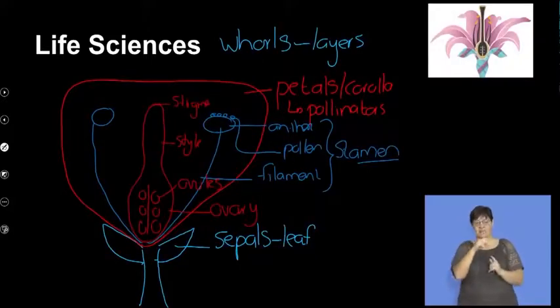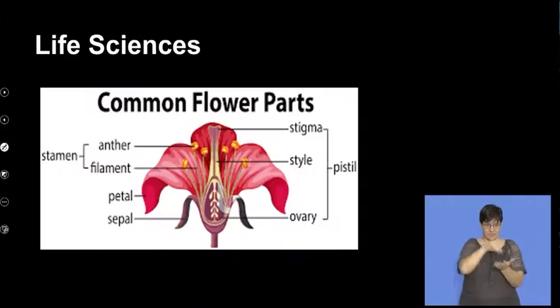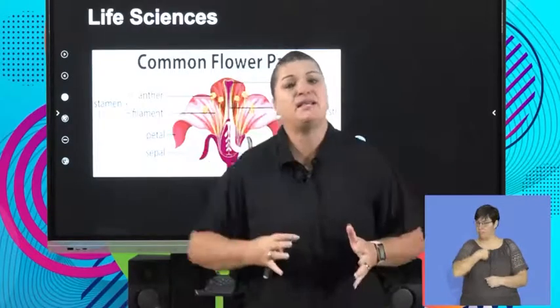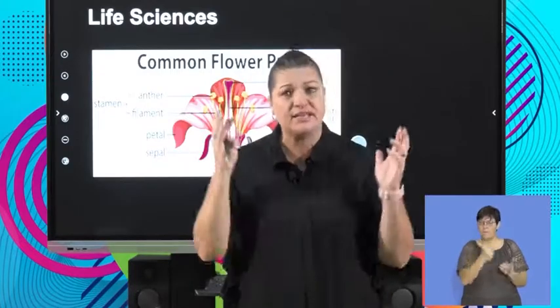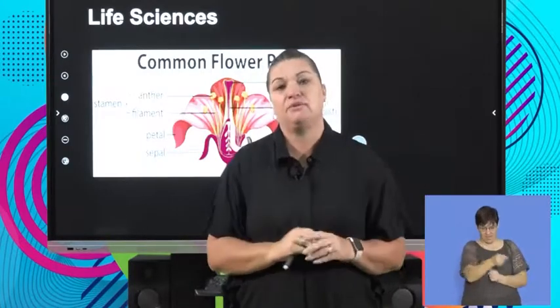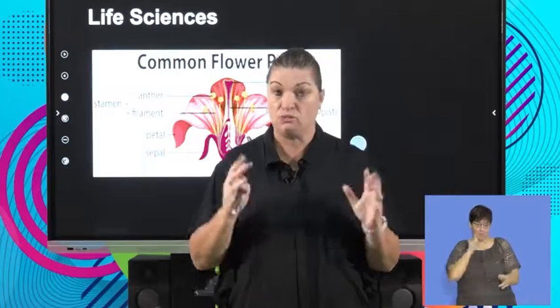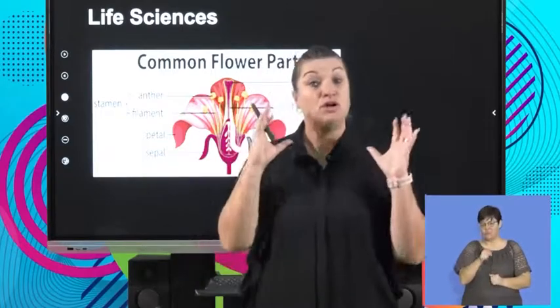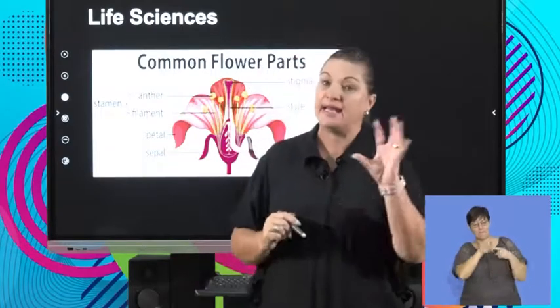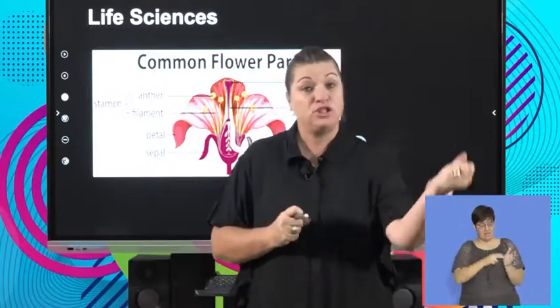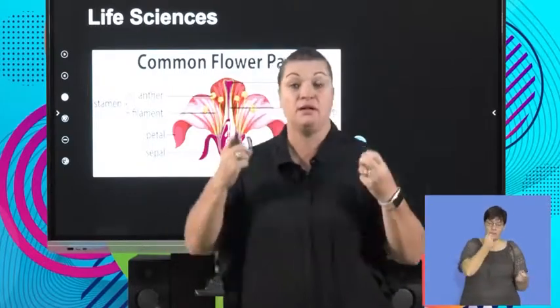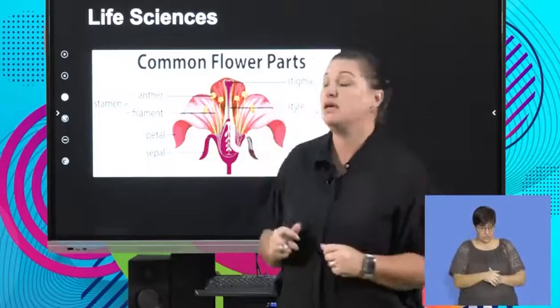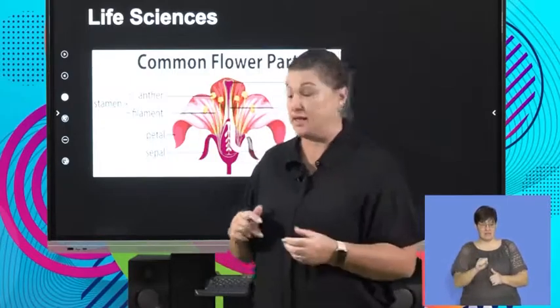Right, so this diagram of the flower, I'm going to put a nice bright one up there that I haven't drawn. You must be able to recognize it as a flower, and you must be able to label it. It's one of the things that you need to be able to do: recognize a flower and label all the different parts, which is the male, which is the female, and the petals. All of that's going to play a role in sexual reproduction.